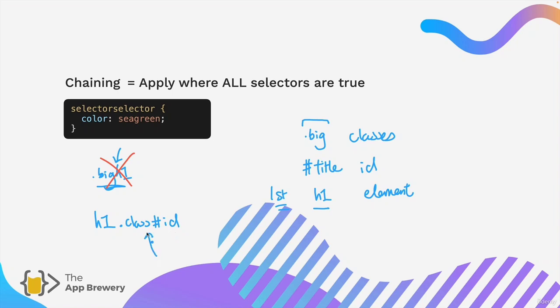And remember, leave no spaces in between if you want to say that all of these selectors are in a single element. And this is to differentiate when you want to use the descendant selector, where you say that I'm looking for something that has this particular class, but it also has a parent, which is an H1. This is when you're looking for the descendant combination.